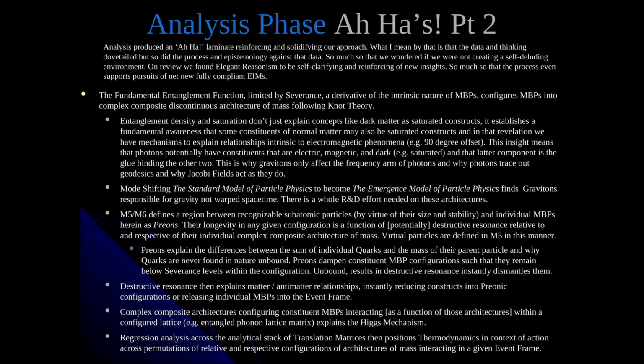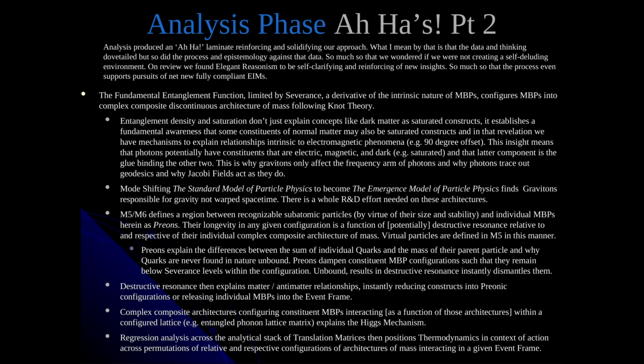You may actually have dark constituents that are associated with the electromagnetic spectrum, for example. And that might explain the glue that holds the electric and magnetic wave patterns in 90-degree juxtaposition or offset. There's a whole series of contemplations there that are beyond the scope of this presentation, but the point is that even that is consistent with the emergence model and the approach here that we did. Gravitons we've already talked about.